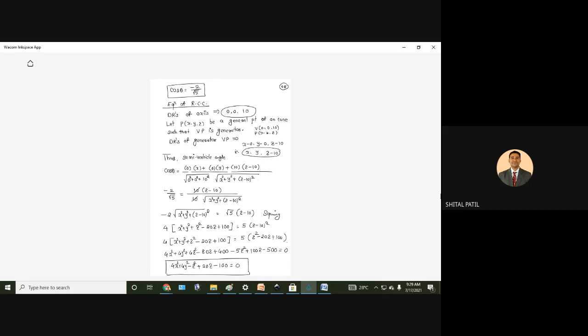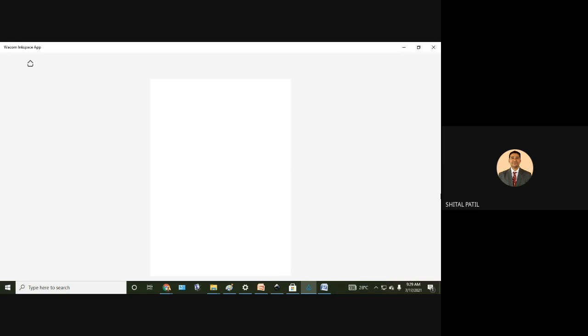Find semi-vertical angle and equation of right circular cone having vertex at 0, 0, 3.